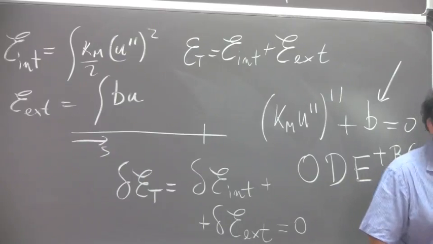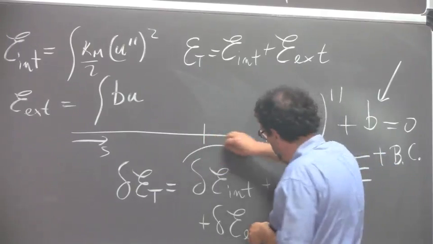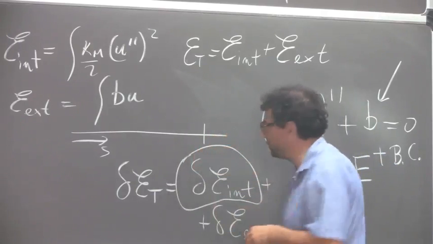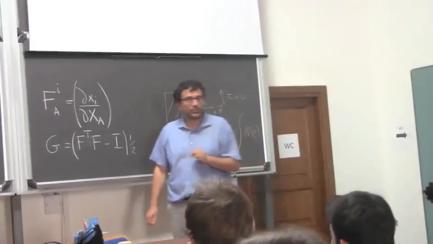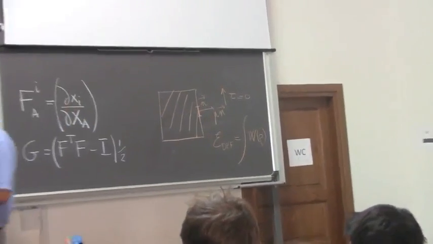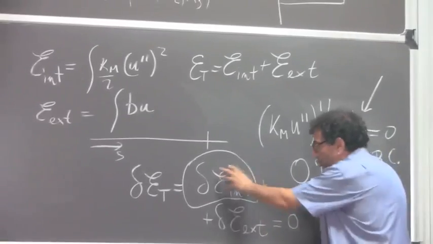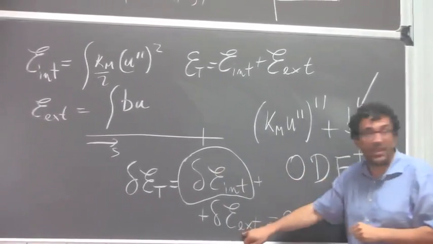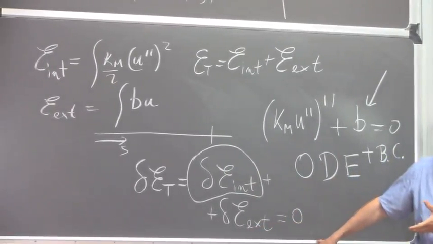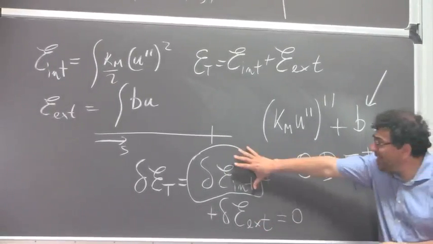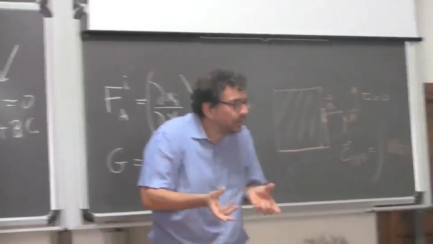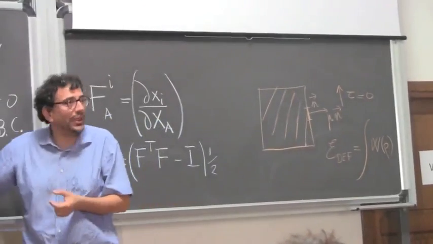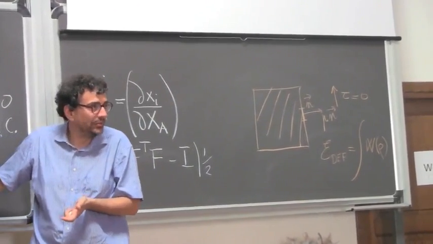Now, what can I do? We start to study this first variation. Why? Because this term plus this term has to be 0. If this term is made in a given way, you cannot add just anything to it to get 0.